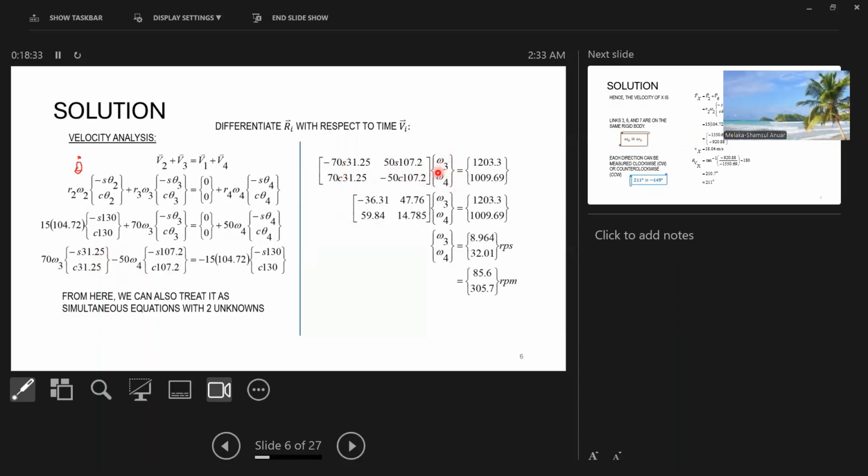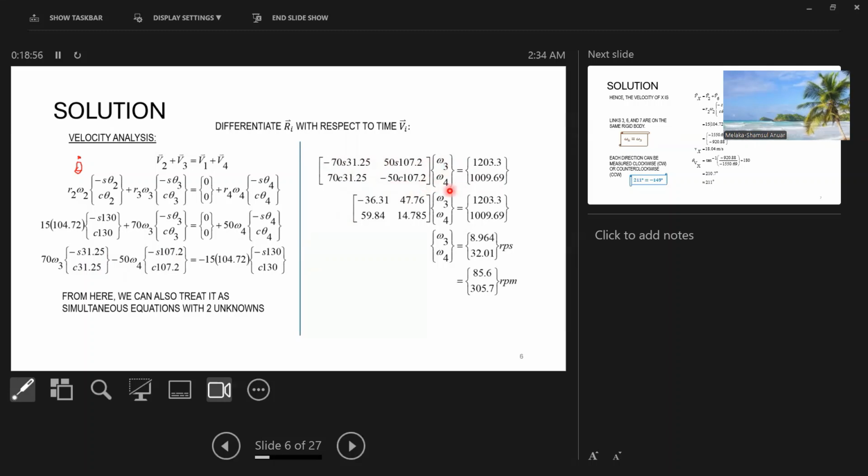So just carefully manipulate this thing to become this manner, and we can use a calculator to solve this problem. So we have two unknowns.